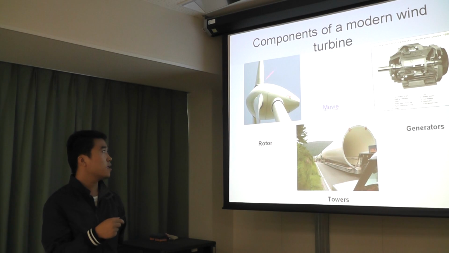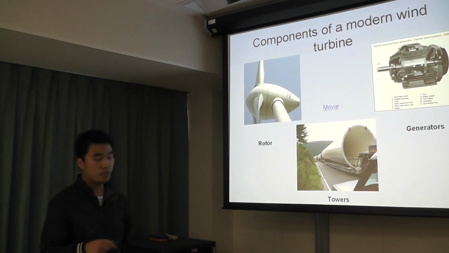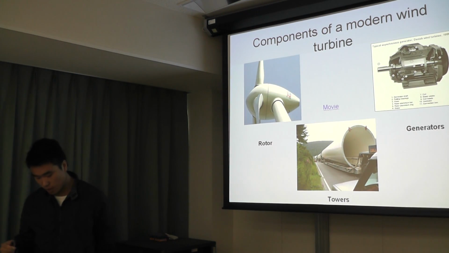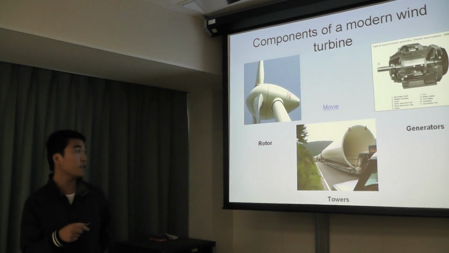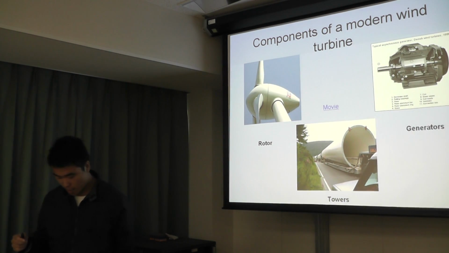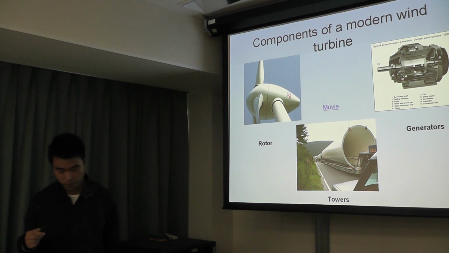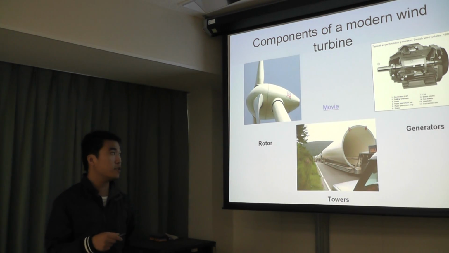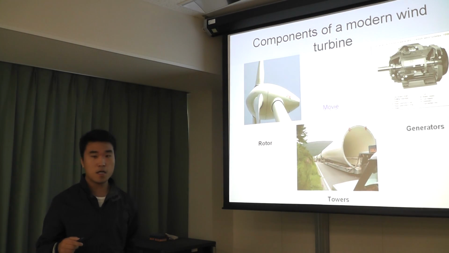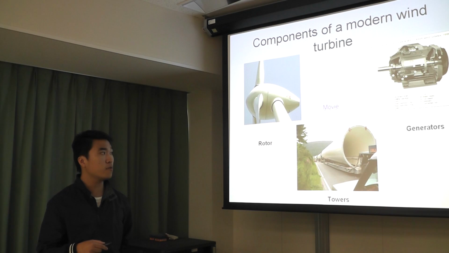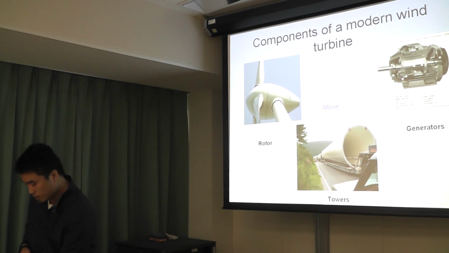And here is the generator. The generator is used to convert the motion of the wind turbine into electricity. Different generator designs can produce different currents, such as alternating current, called AC, and direct current, called DC.